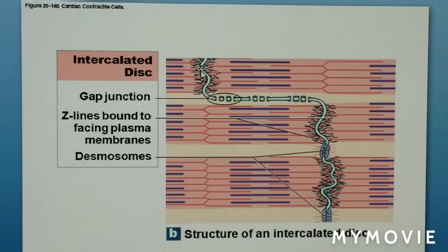And what we're doing here is we're creating intercalated discs where we grab a hold of the different cells at the Z-lines to where they can hang on to each other. And we're creating, well, the desmosomes are holding these things together.